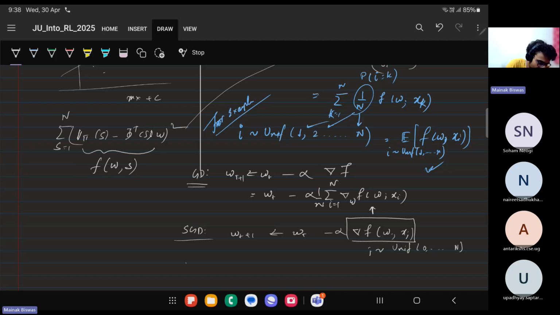Let us see what this means. If I take the expectation of the gradient of f W of x_j, where j is sampled from uniform 1 to N, what will I get?